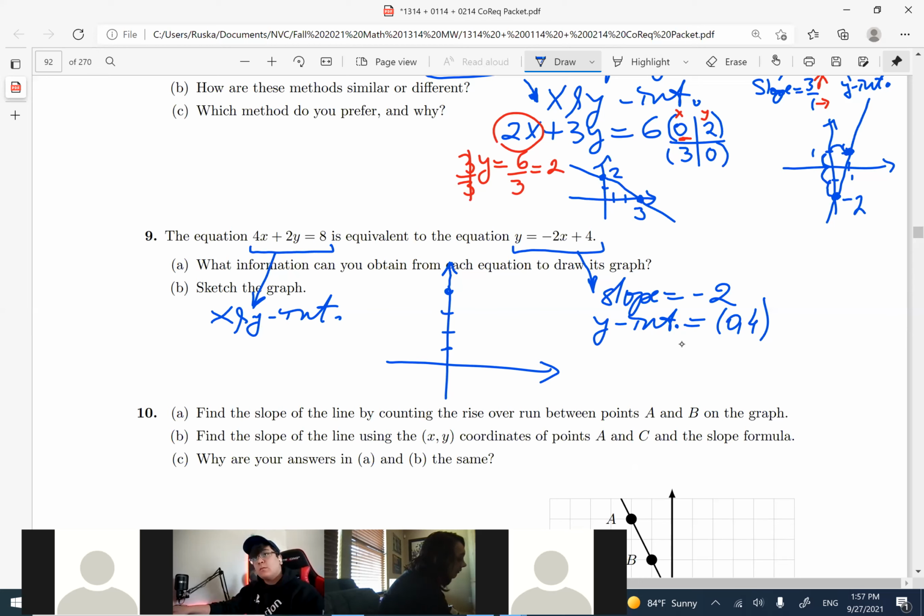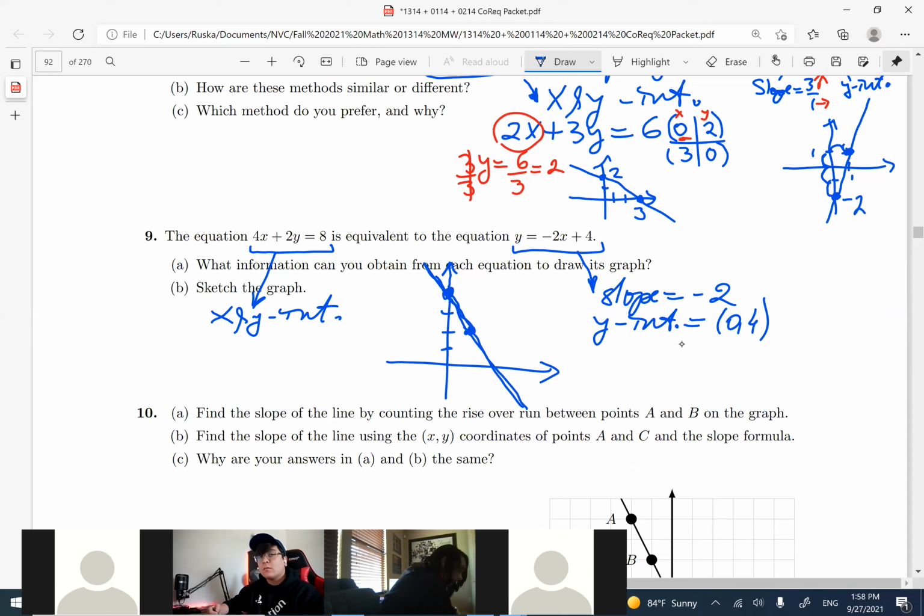That's my first point. Then I'm going to go 2 down and 1 over. So these are my 2 points I can connect and get the graph. Okay, everybody understand that?